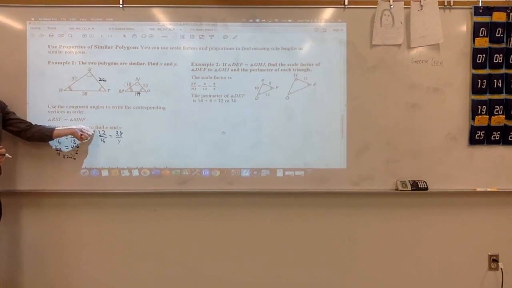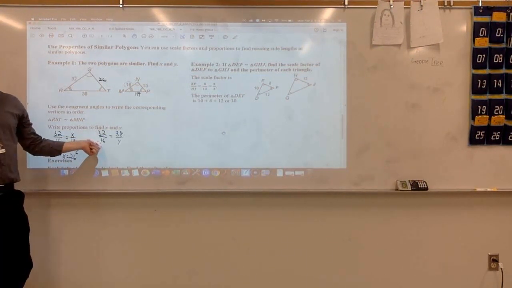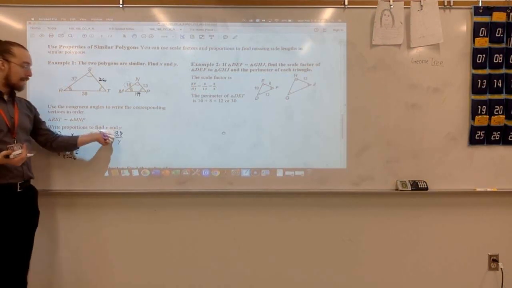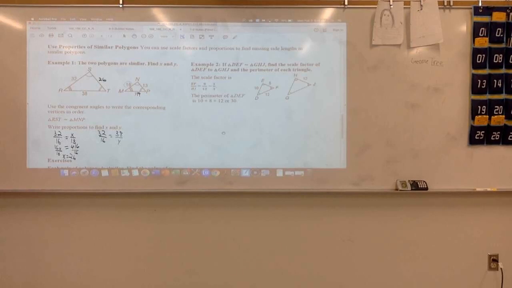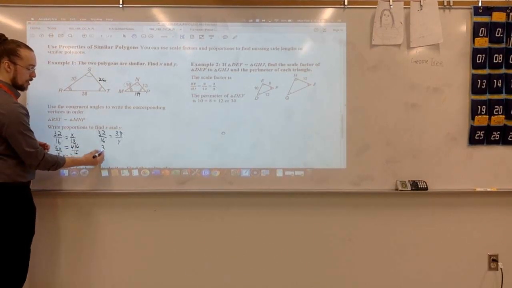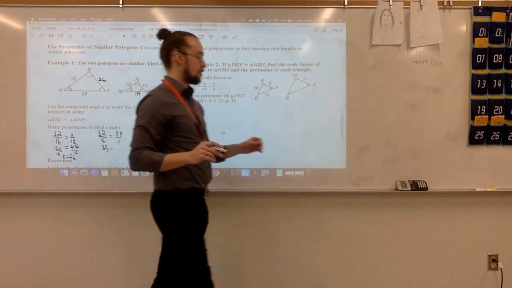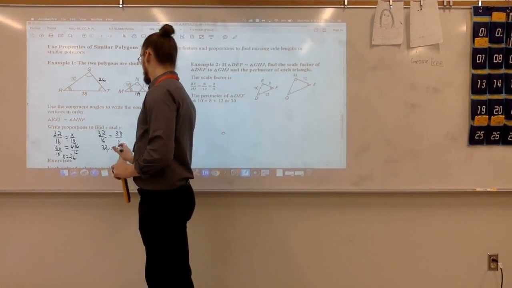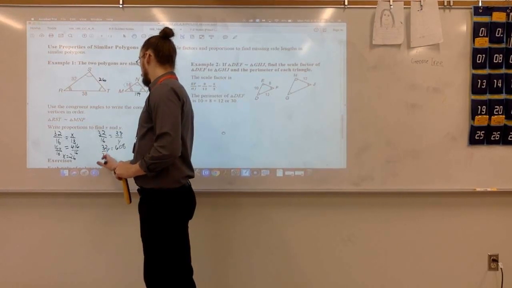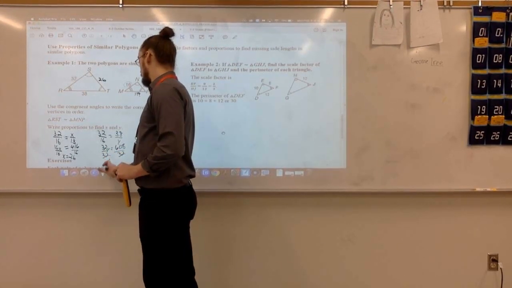So if I put big triangle over little triangle in my first fraction, I have to stay consistent and put big triangle over little triangle in my second fraction. I'm setting these up. Okay. So cross multiply, 32y equals 608. Thank you. Divide by 32. Get 19.